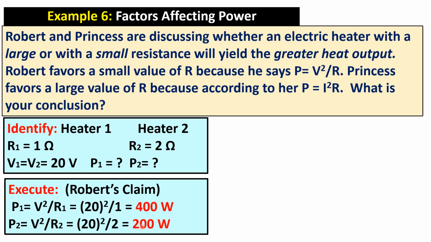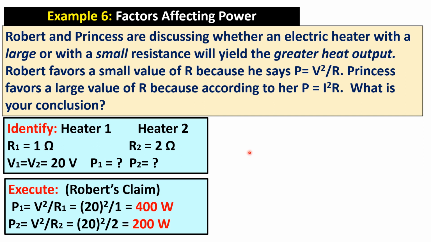And obviously, it looks like Robert's claim is correct, because the heater with the small value of R has the greater power output. That is the result of Robert's computation here.